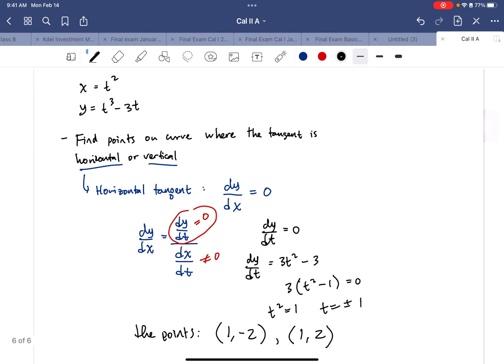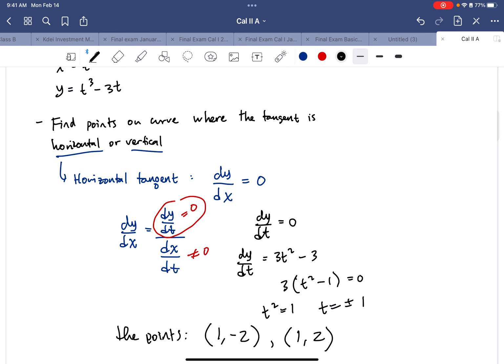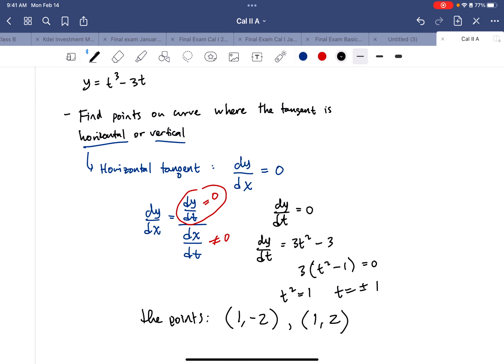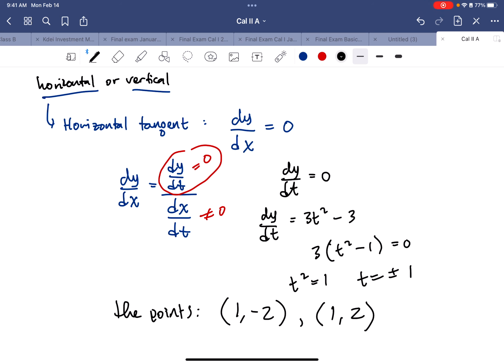If we plug into the parametric. This is the horizontal tangent.